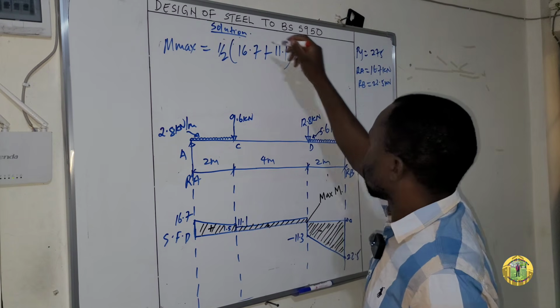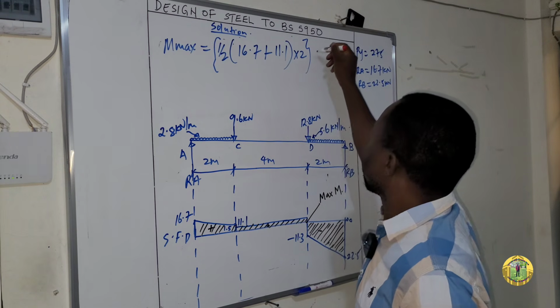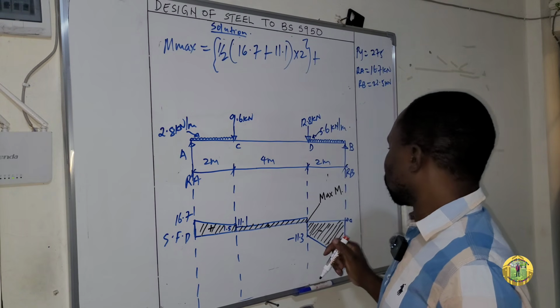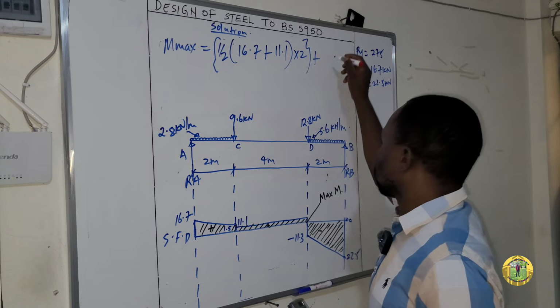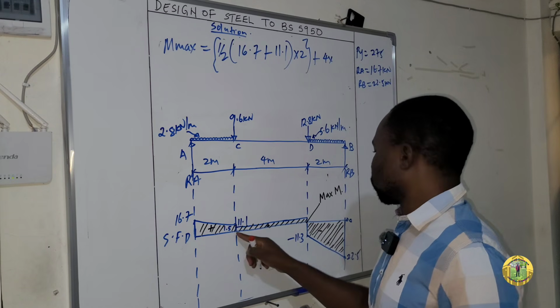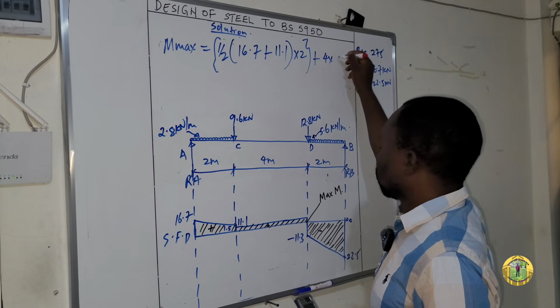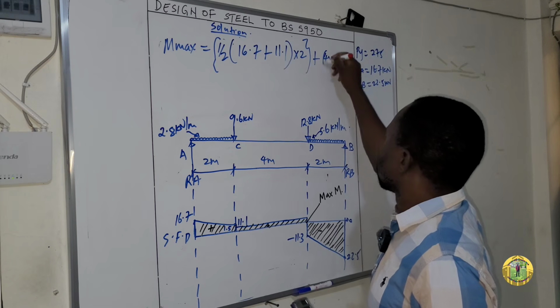Then plus the area of this rectangle, which is length times width. So it will be this 4 from here to here times 1.5.